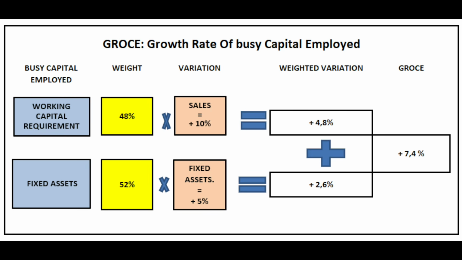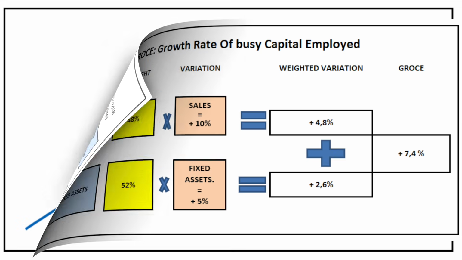As sales volume increases by 10%, the share of working capital requirement in the busy capital employed increases by 48% times 10%, or 4.8%. For fixed assets, their share increases by 52% times 5%, or 2.6%. Overall, the GROCE is 4.8% plus 2.6% equals plus 7.4%.